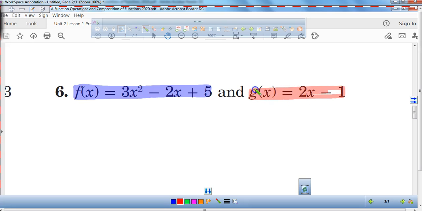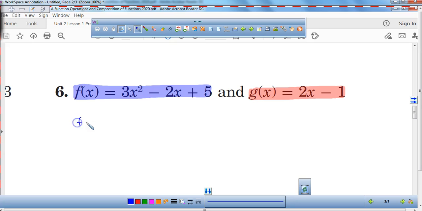So now we're going to do what's called a composition of functions. We are going to do f of g of x, which basically means you're taking g of x and plugging it into f of x.